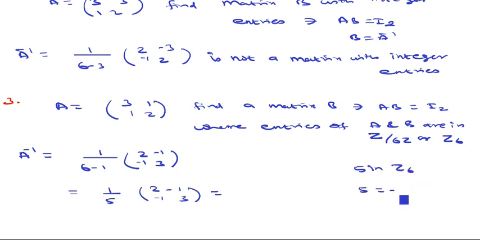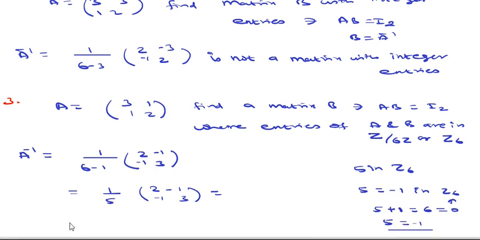The value of 5 is equal to minus 1 in Z6, since 5 plus 1 equals 6, and 6 is equal to 0 in Z6. So 5 is equal to minus 1. Therefore we can replace 5 by minus 1. So 1 by minus 1, into the matrix, which can be written as [-2 1; 1 -3].